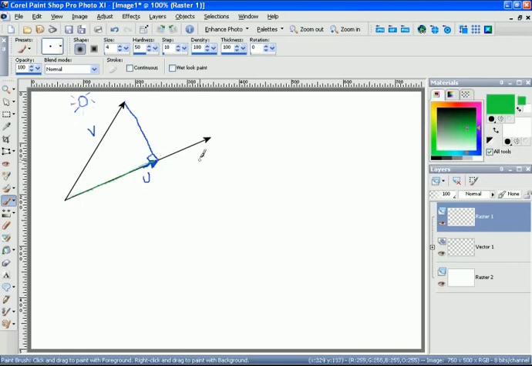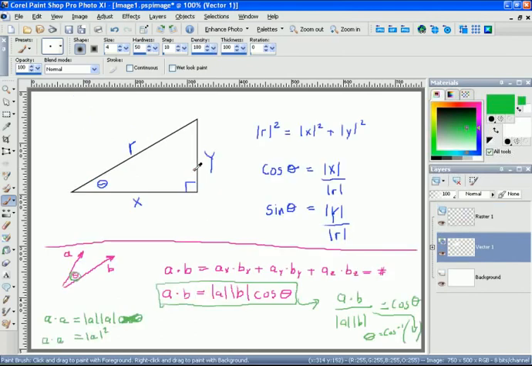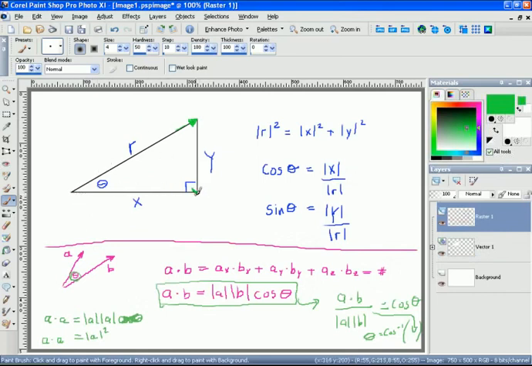Before we approach this problem, let's go back to our previous Pythagorean theorem and take a look at what we have here. The projection problem is very similar to the Pythagorean theorem. If we look at the hypotenuse of the triangle here, and we'll call this the first vector, then we can see that the projection of r onto x is this right here.